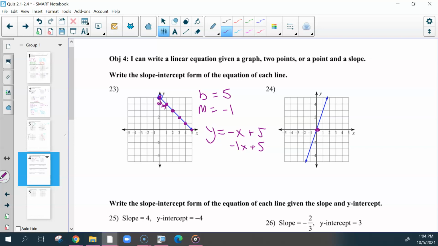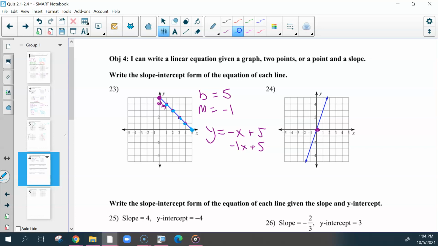We're looking for something that crosses that. Then you have to look for other points that cross the grid lines, which happen to be any of these points. So if I saw this one, it'd be down 1 to the right 1, so it's negative 1. But if, let's say, I didn't see any other point and I just saw this one, it would be down 5 and right 5, which would still simplify.